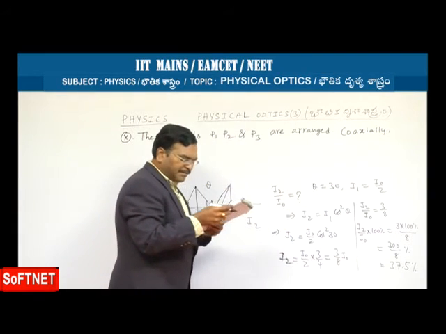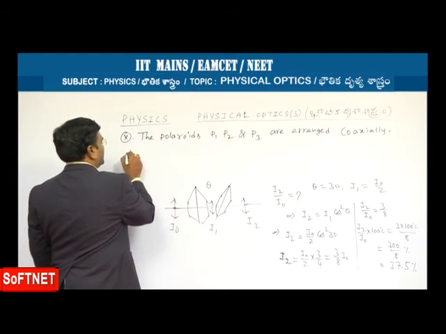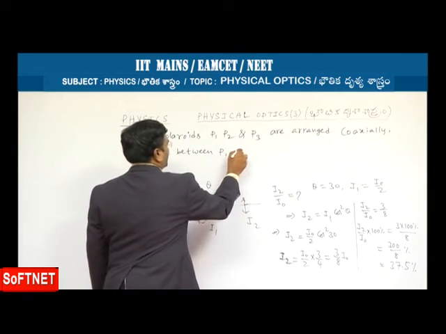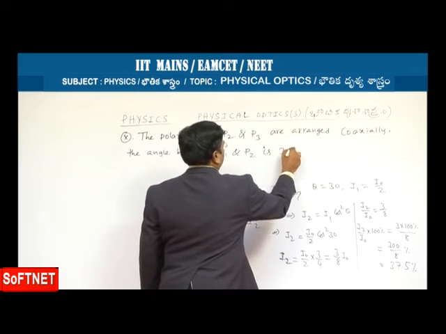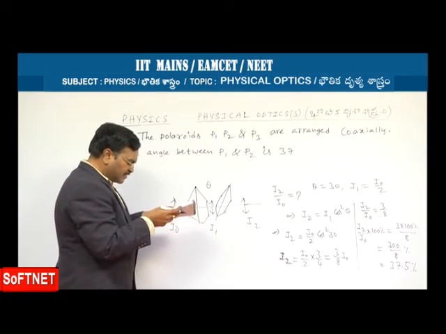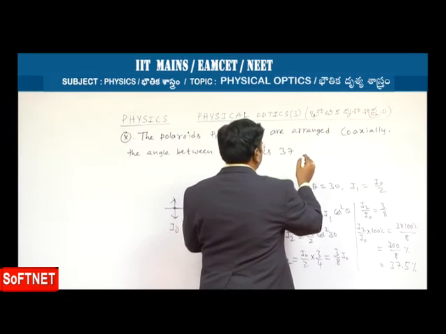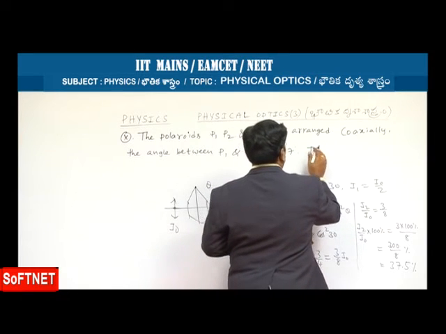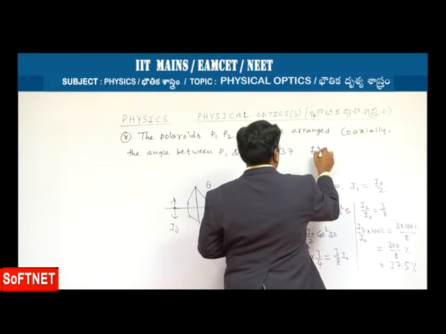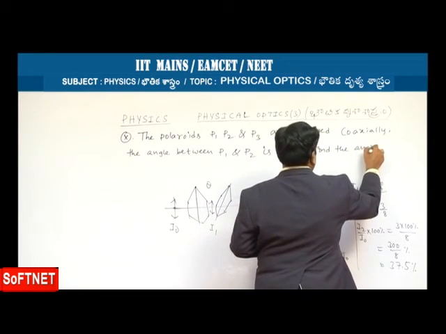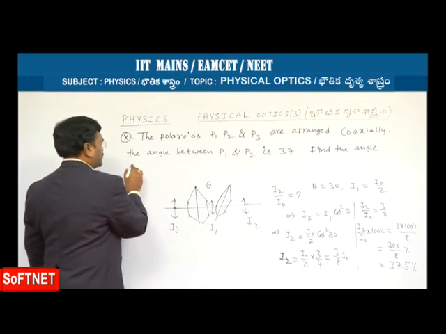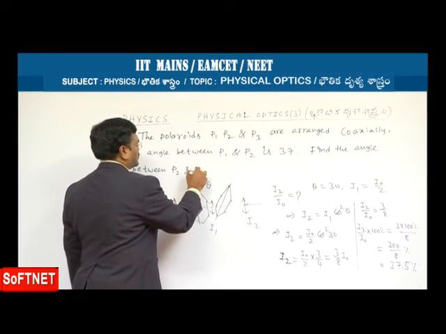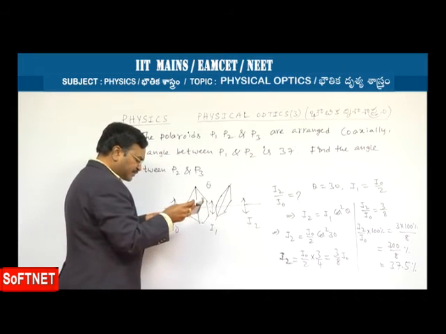The angle between P1 and P2 is 37 degrees. Find the angle between P2 and P3.